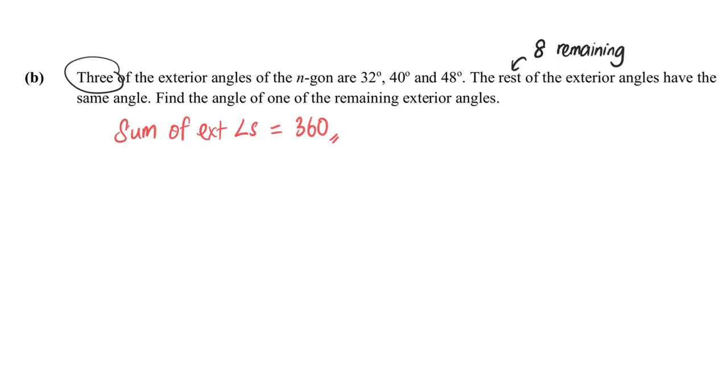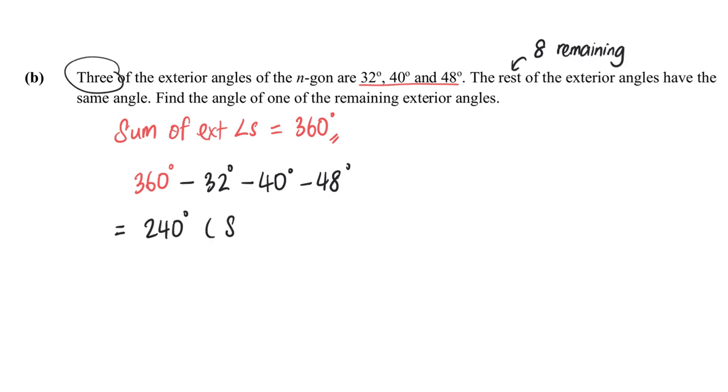So, I just need to use 360 to minus away 32, 40, and 48 degrees. And this will give me the remaining exterior angle, which will be 240 degrees.